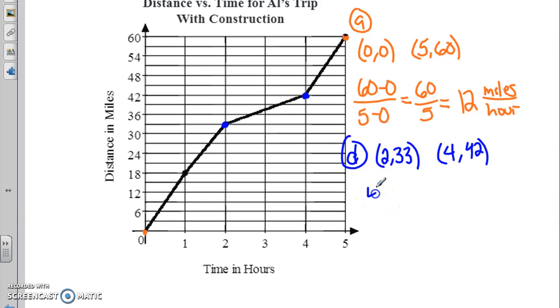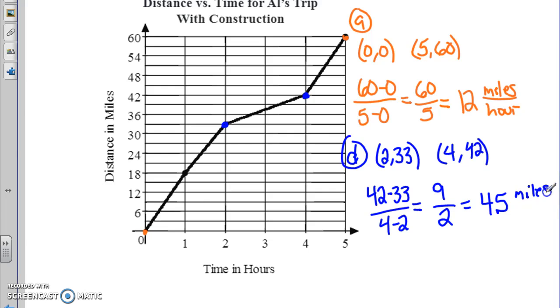In your formula, 42 minus 33 over 4 minus 2. 42 minus 33 is 9. 4 minus 2 is 2. And then 9 divided by 2 would be 4.5 miles per hour. So your sentence would say, Al's average speed for the time interval 2 ≤ t ≤ 4 is 4.5 miles per hour.